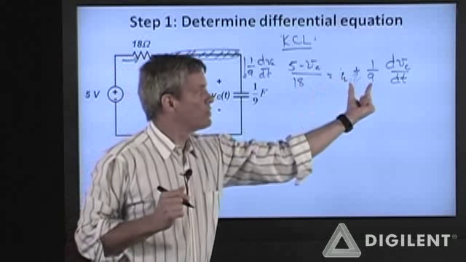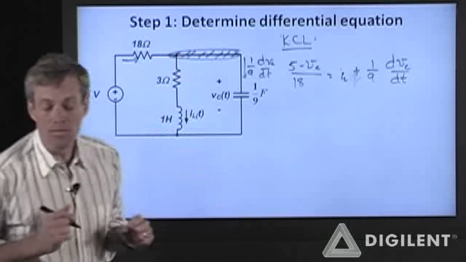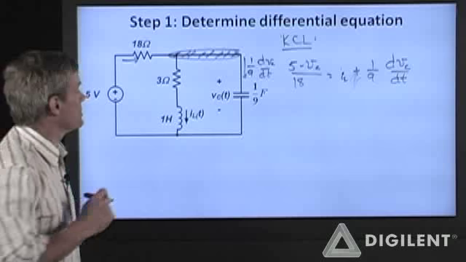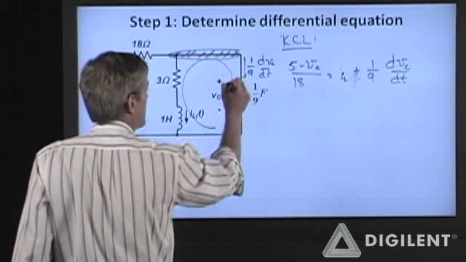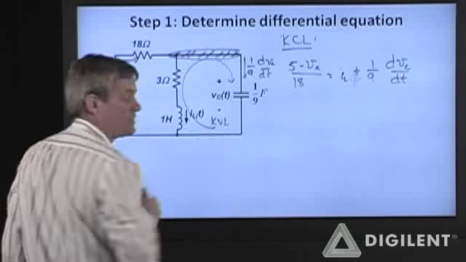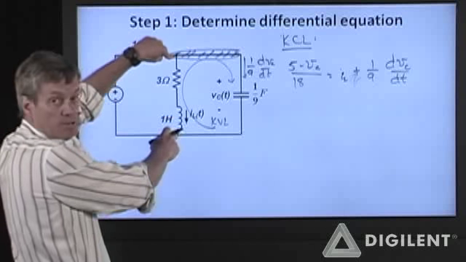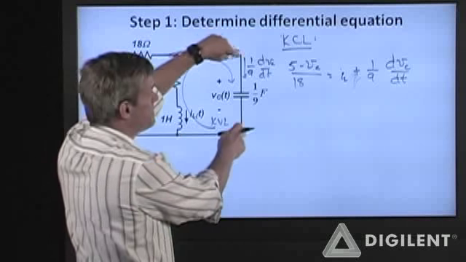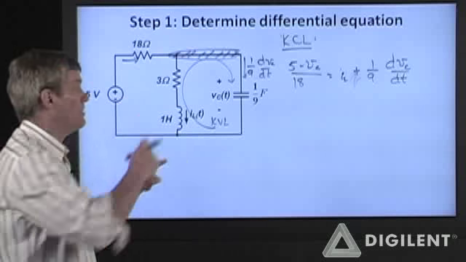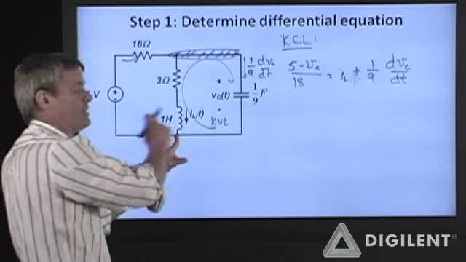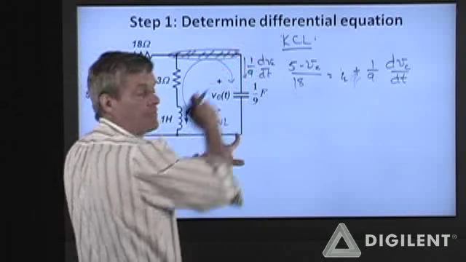One equation, two unknowns, Vc and I sub L. I need another equation. Let me do KVL around this loop. KVL will tell me that this voltage difference between here and here is the same as the voltage difference between here and here. Right? This resistor-inductor combination is in parallel with this capacitor.